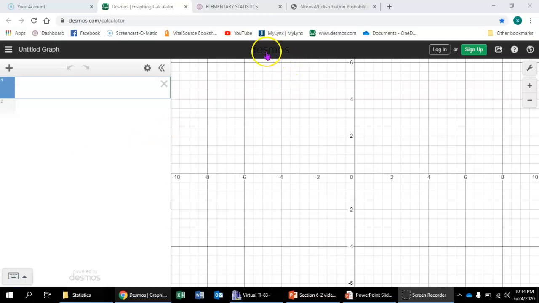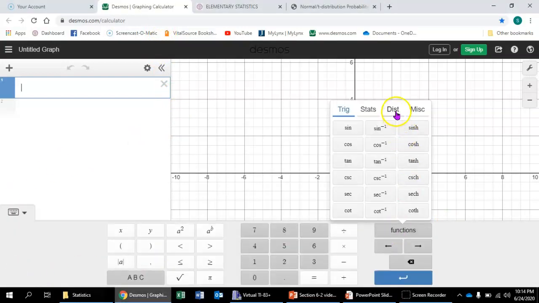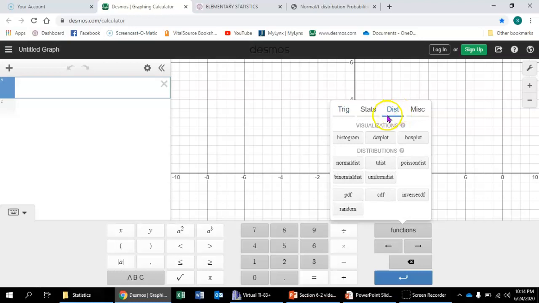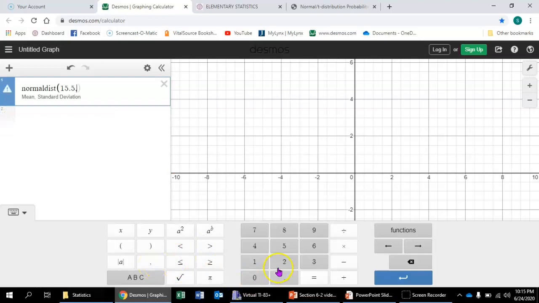If you're using the Desmos graphing calculator app, either online or on your phone, go to the Functions menu, go to Dist for the distributions, select Normal Dist, and this time, while we're inside the parentheses here, we need to give it the mean and the standard deviation. Right now it says the mean is 0 and the standard deviation is 1, but I'm going to change that so that the mean is 15.5. Then I'm going to hit the comma and put in 2.2 for the standard deviation.